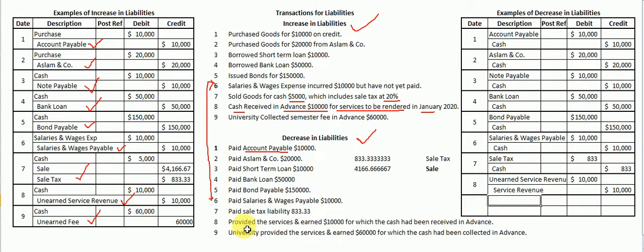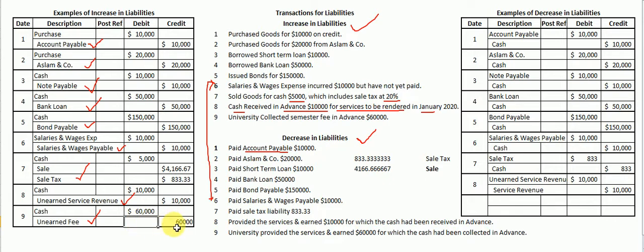Okay, transaction number 8 is clear. Number 9, the university provided the services and earned $60,000. If you remember, the university received $60,000 for which it had not yet provided the services. For example, at the end of the semester, the university is closing the accounts and recording the transaction.